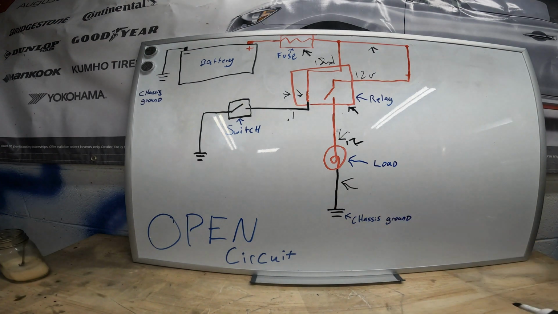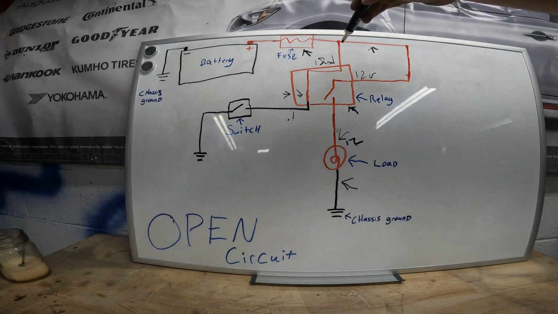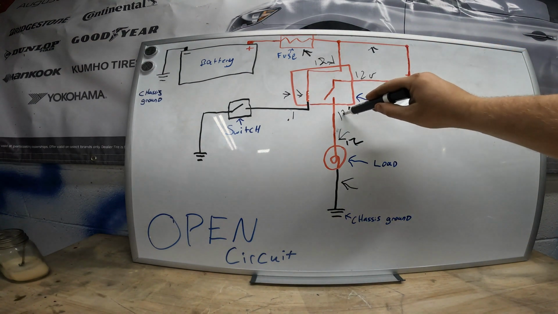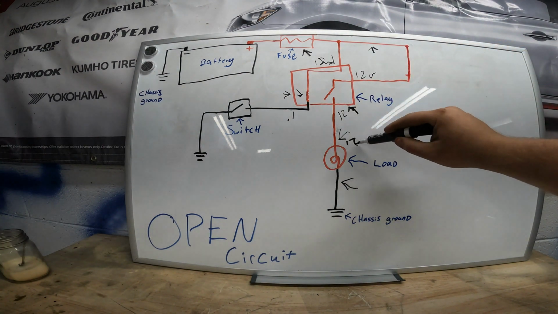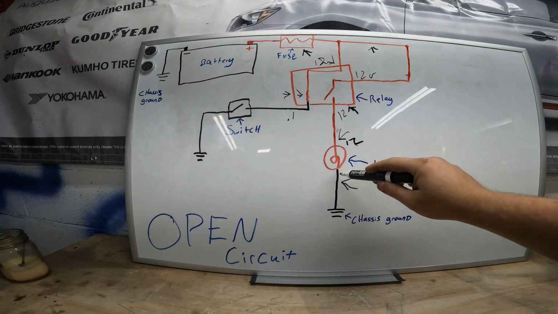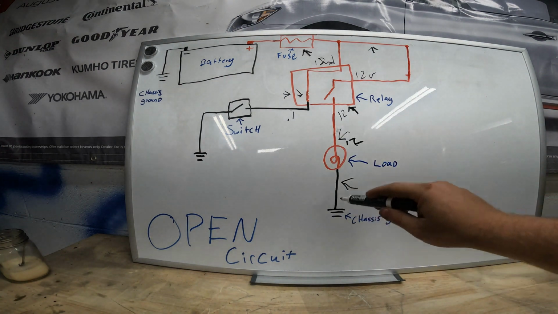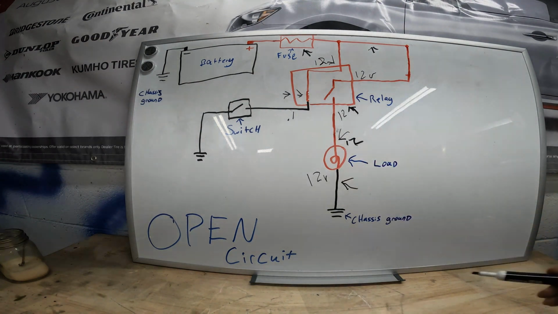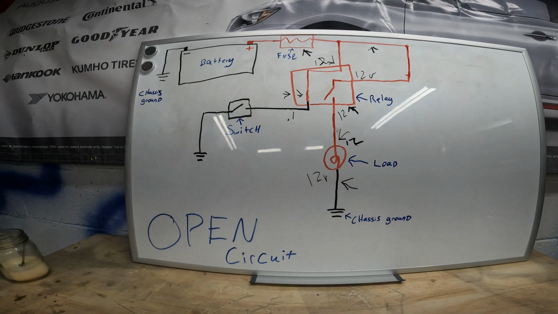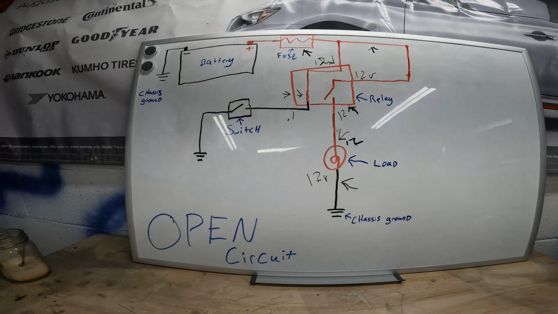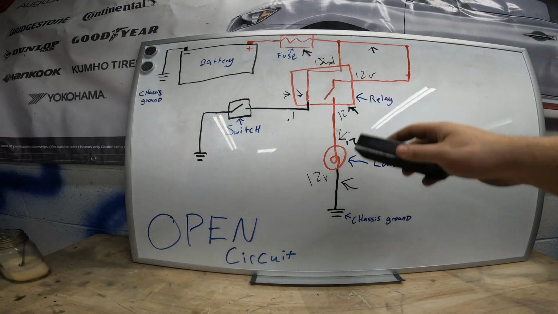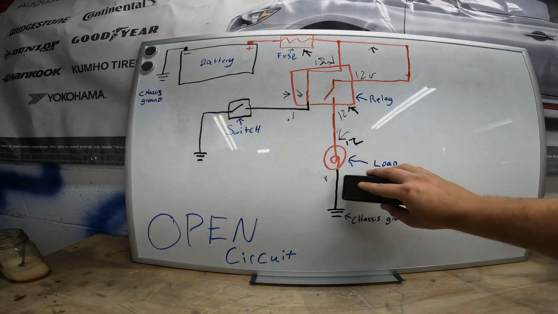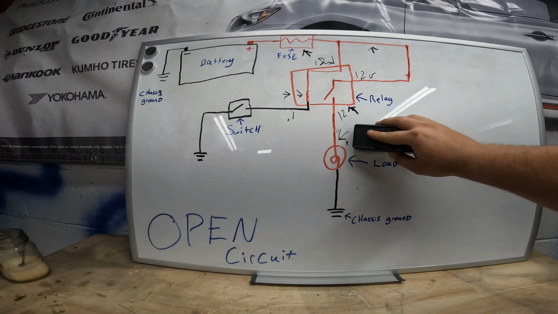If you have an open here, you'll be checking all of this, and you'll be like 12.1, 12, and then you'll get 12, which is good. To your bulb, you'll get 12. And then after your bulb, because this circuit can't be completed, you'll have an open circuit voltage of 12 volts. So that's our load side, all the places you have the open, the effects of that open on the circuit, and what kind of testing you'll find.